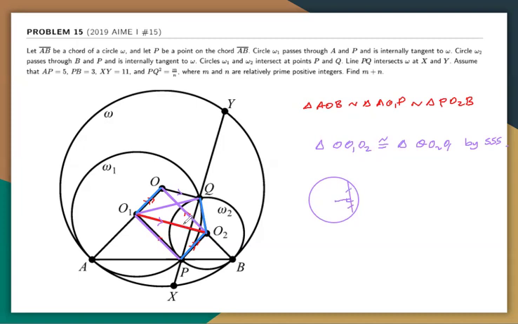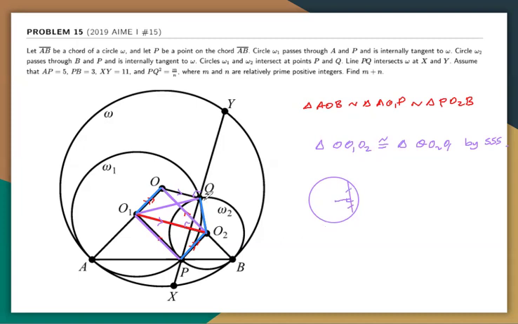So the angle right here should be 90 degrees. And since we know this was a trapezoid, the angle right here is also 90 degrees. So that means O to Q has to be perpendicular, because this is 90, this is parallel to this one.